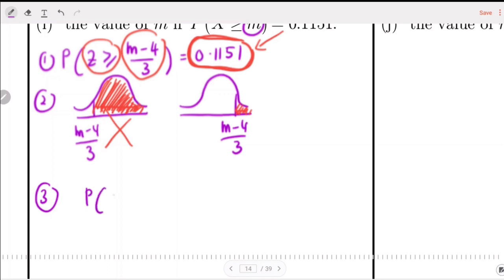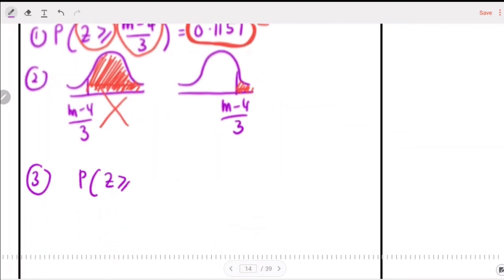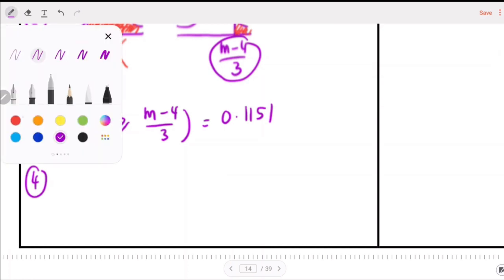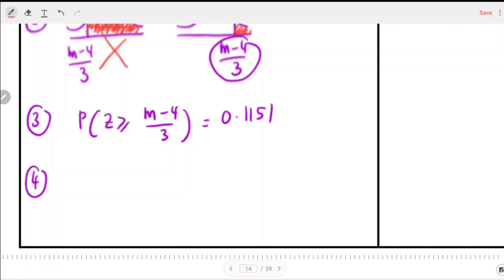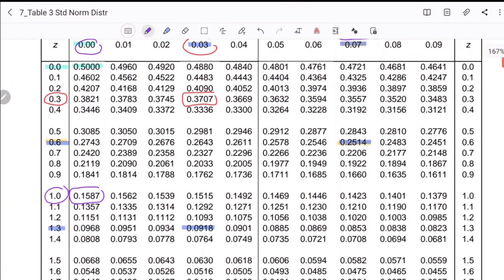Just simply take Z greater than or equal, since we have equal in the question, and then take the value here, m minus 4 divided by 3, which will give us the probability of 0.1151. Then move on to the last step, which is to take a look at the standard normal table, but we need to find the value of Z that will give us the probability of 0.1151.